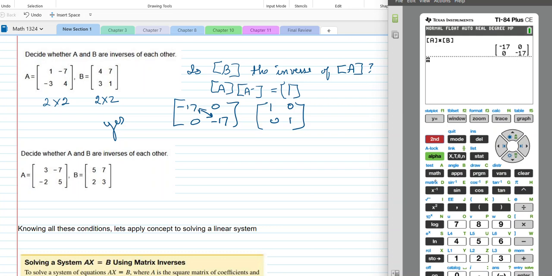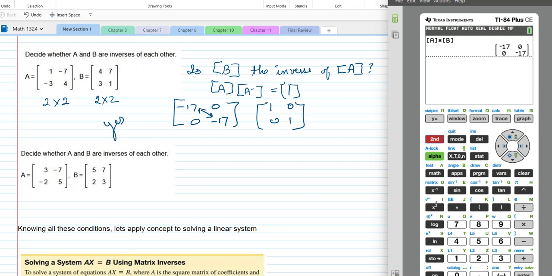Second matrix, edit. We're going to do the A. It's a 2 by 2. So we enter, and then we're going to put in 3, negative 7, negative 2, and 5. I'm going to make sure I entered everything. All right.